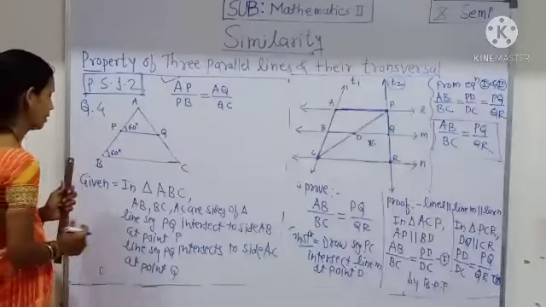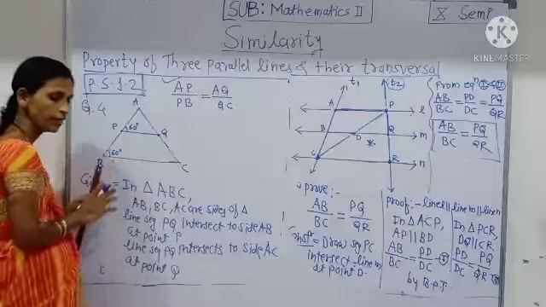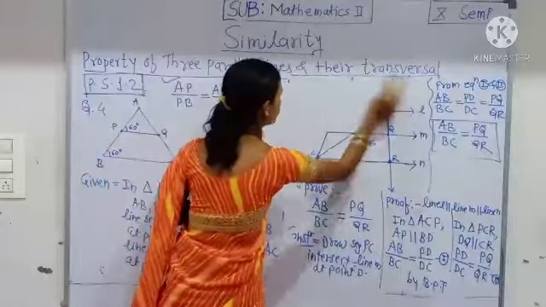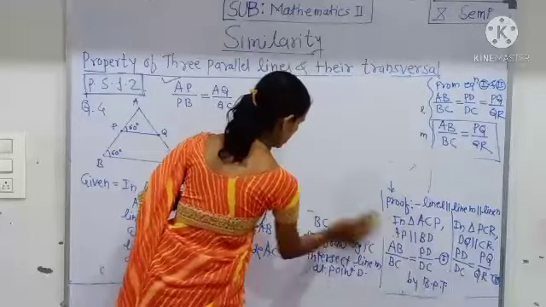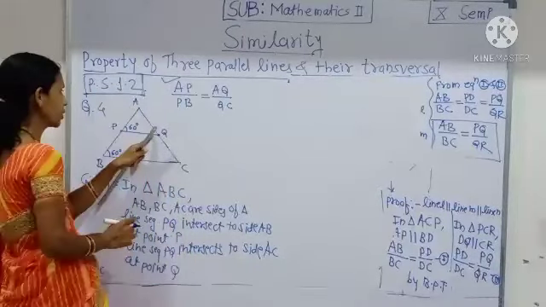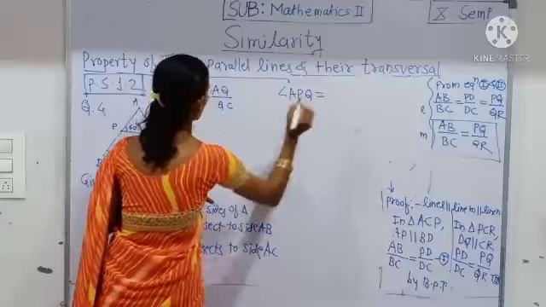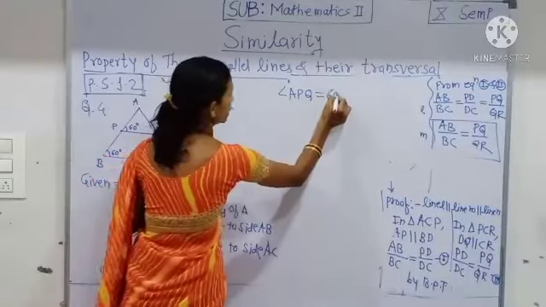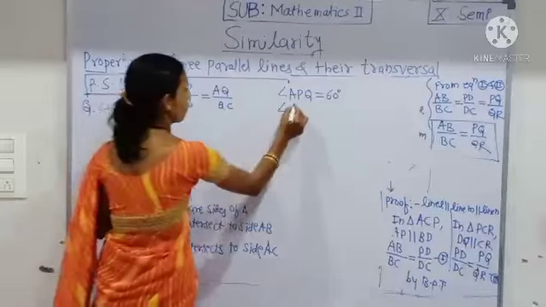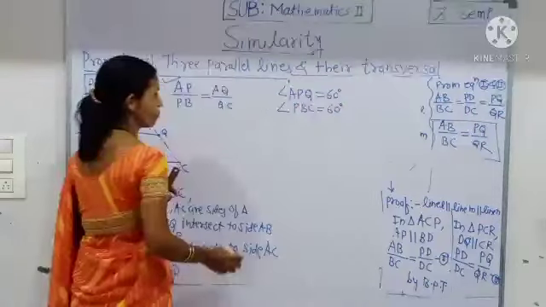Then here one more parameter is given, that is angle APQ is equal to 60 degrees, and angle PBC is also equal to 60 degrees.